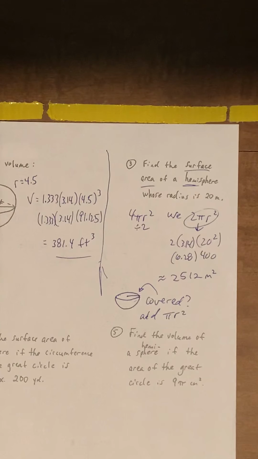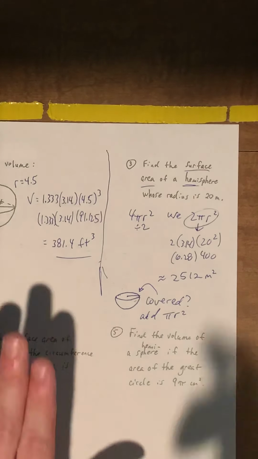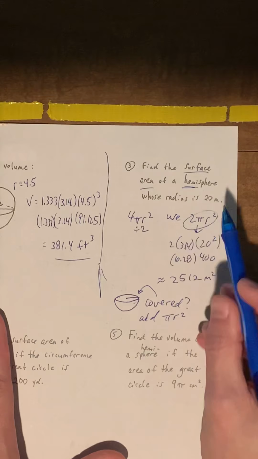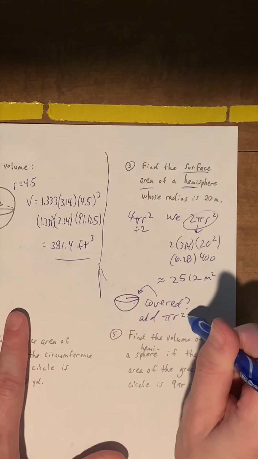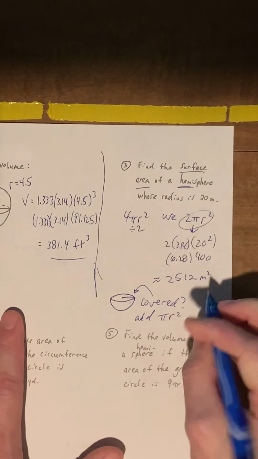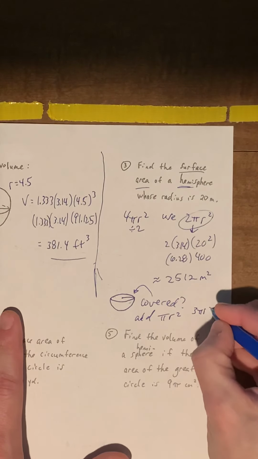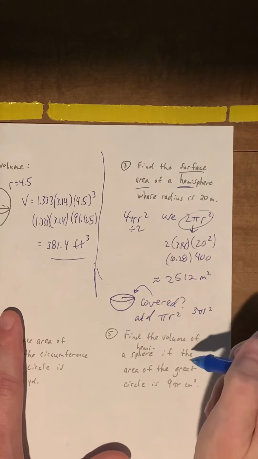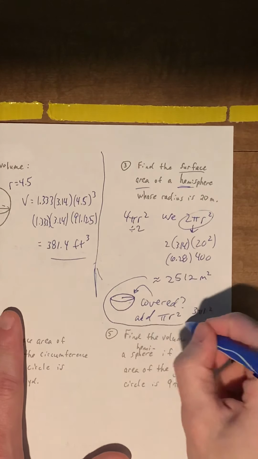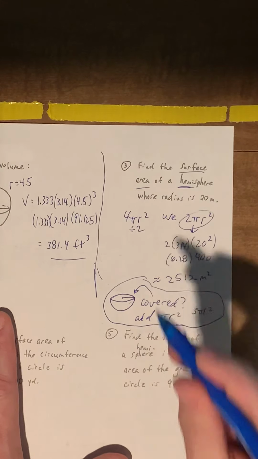You're not going to run into this too often in problems, but some word problems do talk about hemispheres, so pay attention, see if the hemisphere has a cover, if it's fully enclosed. If it is, you can still use 2 pi r squared, just add another pi r squared, which pops up to 3 pi r squared.